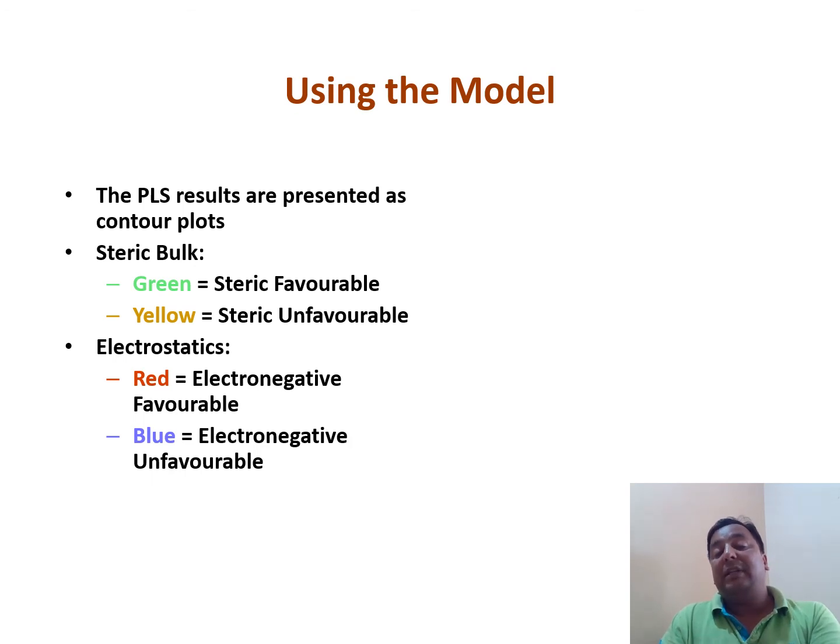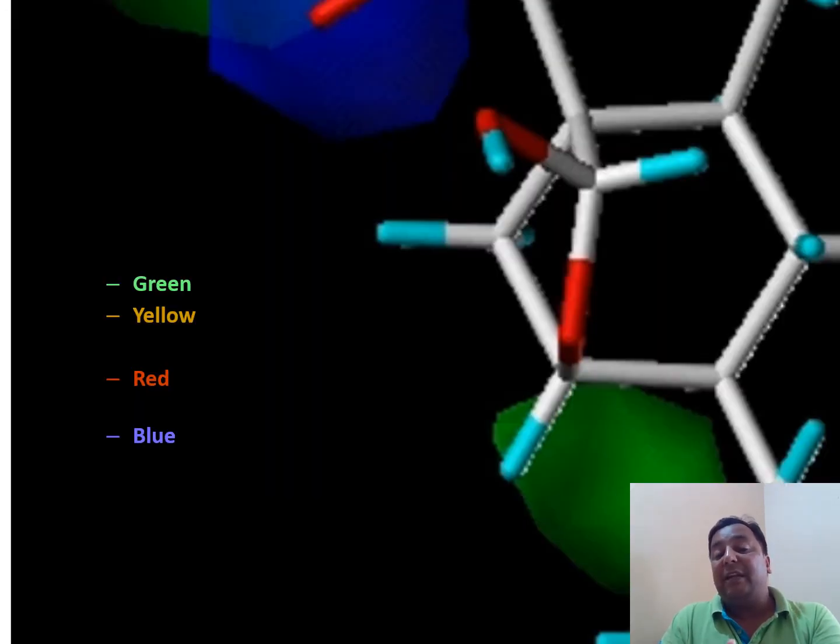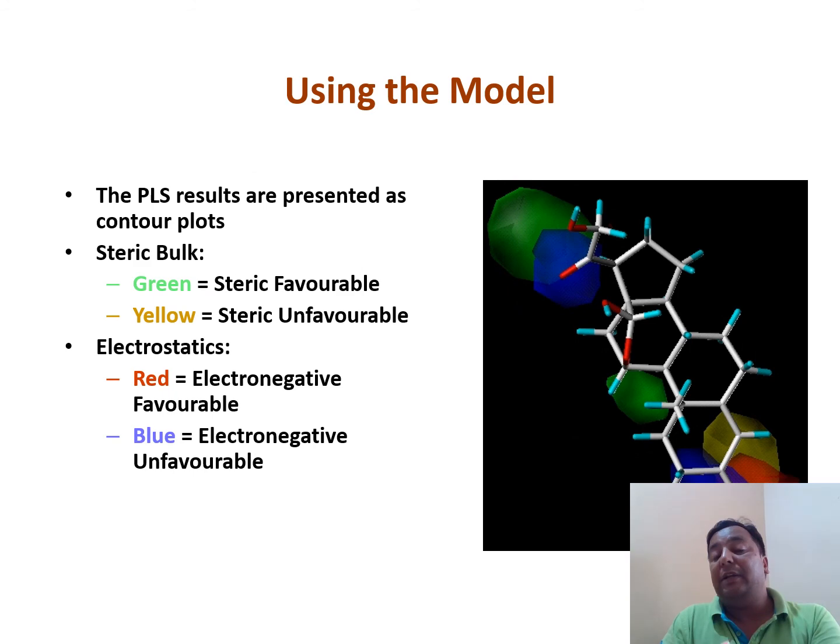So the PLS results can be represented as contour plots, and these plots can be visualized by different color representations of the atoms. Some atoms will be steric favorable, which can be represented in green colors. Some will be steric unfavorable, which can be represented in yellow colors.